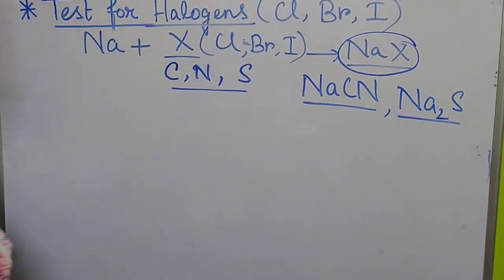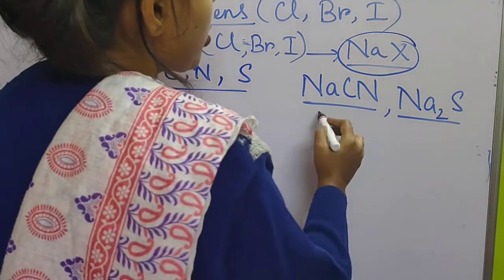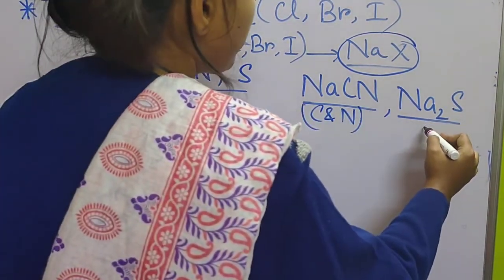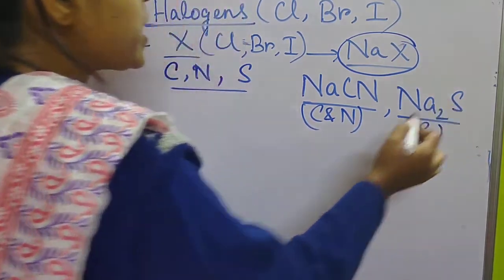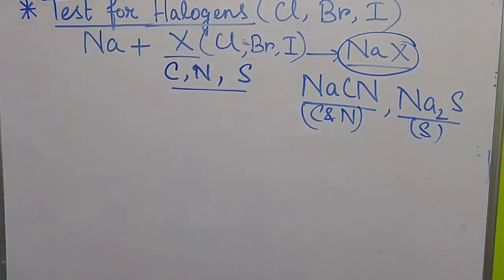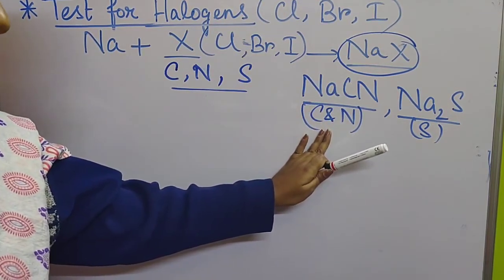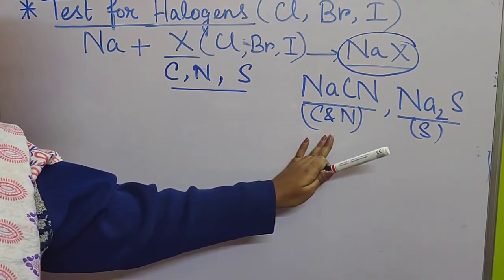We have already seen these two reactions. Because of the presence of carbon and nitrogen, we get sodium cyanide, and because of the presence of sulfur, we get sodium sulfide. Okay, this is during the Lassaigne test.